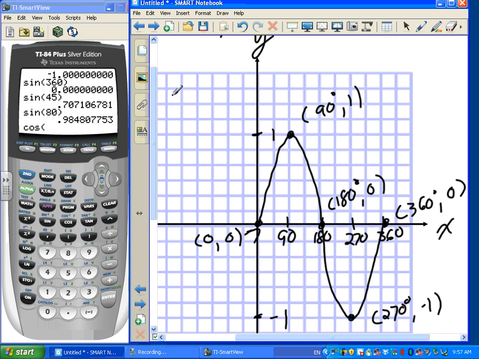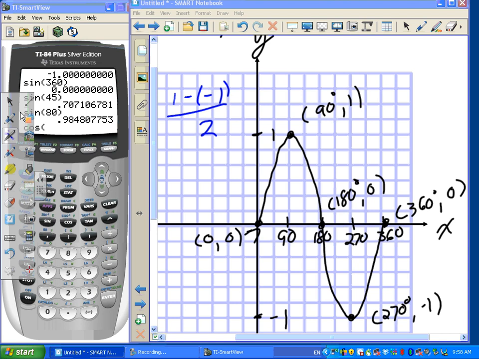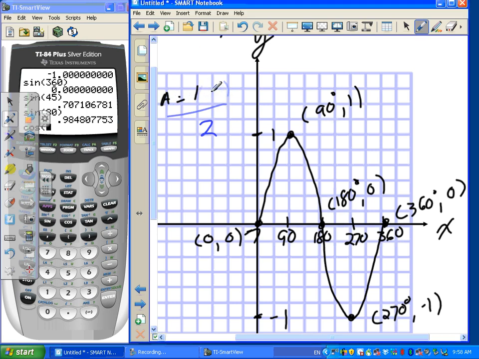So, 1 subtract -1 divided by 2. This is for our amplitude. Oh, I shouldn't have written that. By 2. That gives us 1 plus 1 is 2 divided by 2.